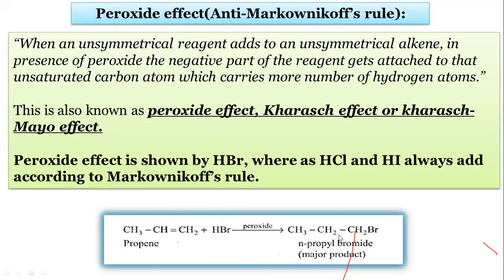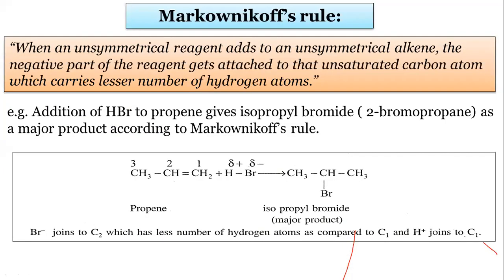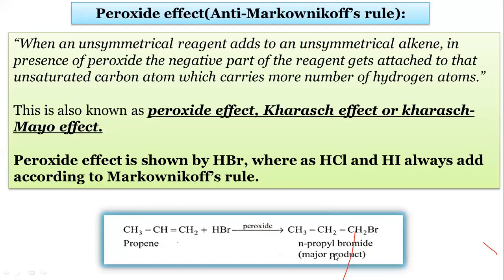So this is the major product. See here, 1-bromopropane or propyl bromide is the major product here. In Markovnikov's rule, 2-bromopropane is the major product, and in anti-Markovnikov's rule, 1-bromopropane is the major product.